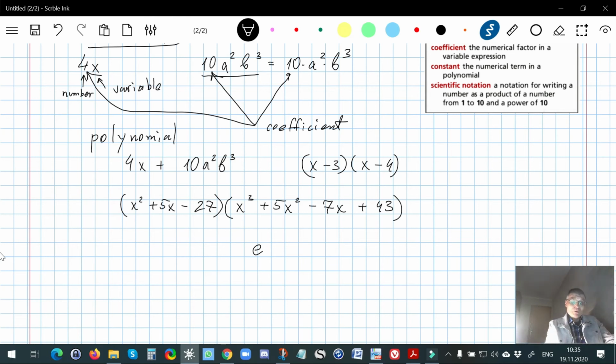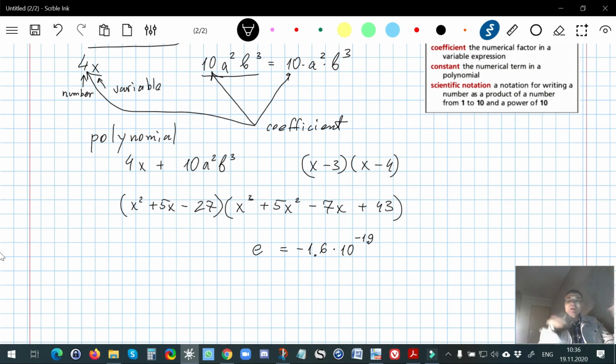Usually we denote it as e, and it's a negative number, negative 1.6 multiplied by 10 to the power of negative 19. It means if I write this number out, I have to write 18 zeros.